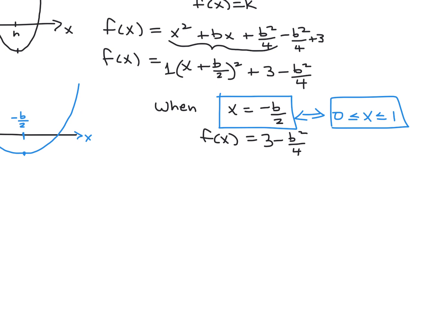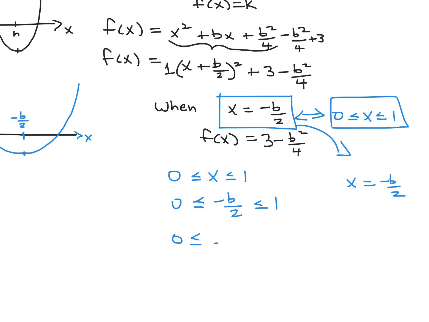So x is between 0 and 1. I'm going to try to put b in there. If x is equal to minus b over 2, then I put minus b over 2 in there. But they just want b, so let me first multiply through by 2. So it'll be 0, minus b, and positive 2.